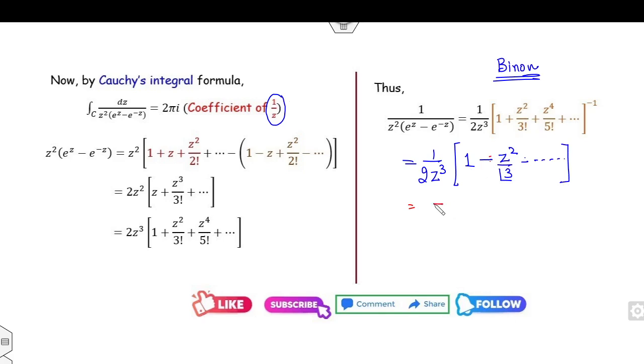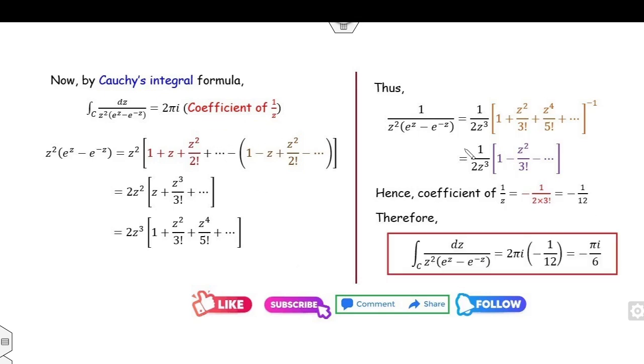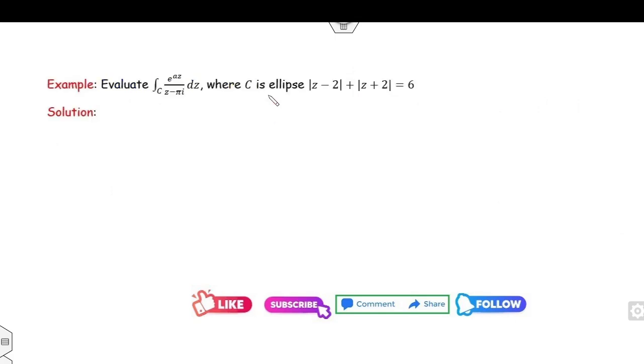It will be minus 1 over 2 into 3 factorial. That is the coefficient of 1 over z. Fine. So the answer is 1 over 12. So you can substitute here, your answer will be minus pi iota by 6. Fine. So if you feel that your derivative will be quite difficult, then you can apply the coefficient formula.